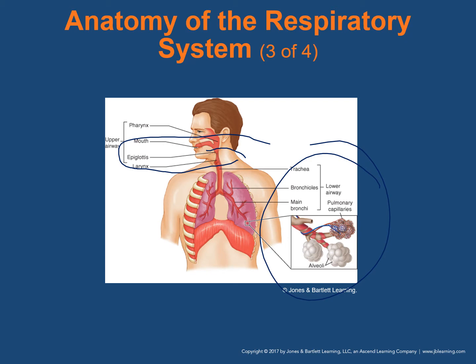Ask yourself that question. What is the function of our respiratory system? What do we do? Why do we need to breathe? The main function of a respiratory system is to diffuse oxygen and carbon dioxide, and then our oxygen attaches to our red blood cell on the heme.